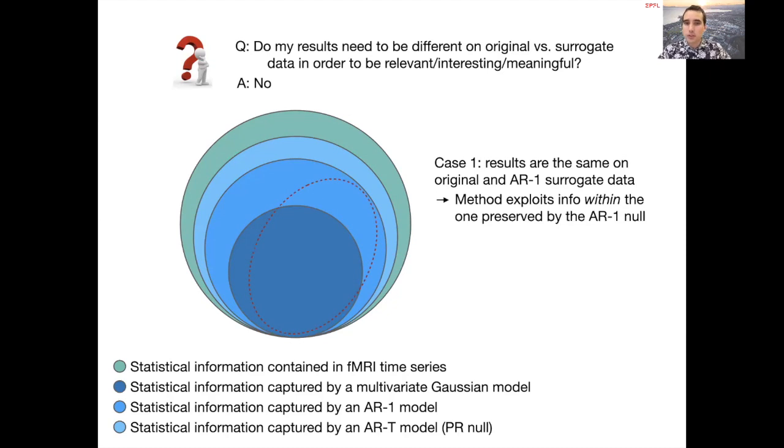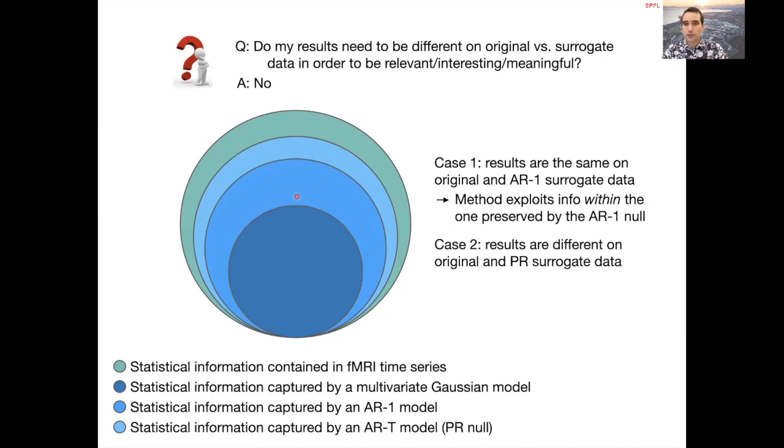Well, this just means that the metric, in this case the state transition probability between state 1 and state 3, relies on and exploits statistical information that is contained within this blue circle corresponding to the AR1 null model. So it could be, for example, exploiting the information included in this red ellipse. And again, in no way is it informative on whether this state transition would be more meaningful or more useful in clinical application.